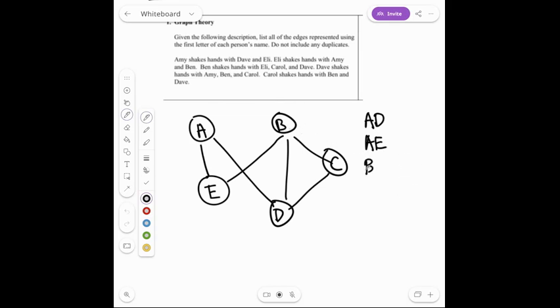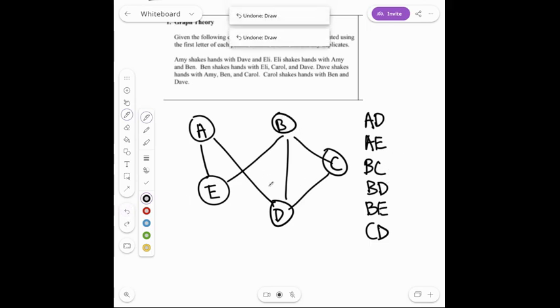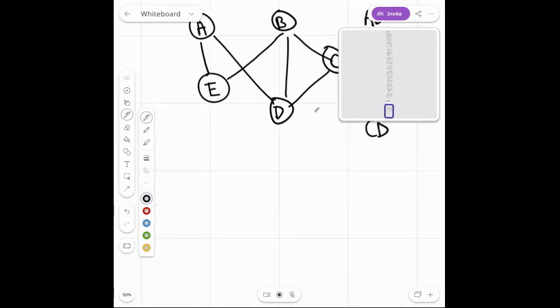So then you have BC, BD, and BE. And then you go to C, you have CD. And notice you don't have to say CB because we already listed that as BC. And for D and E, we see that we've already written all of the edges associated with them. So we see that there are 6 edges that should be listed, and this is the correct answer.